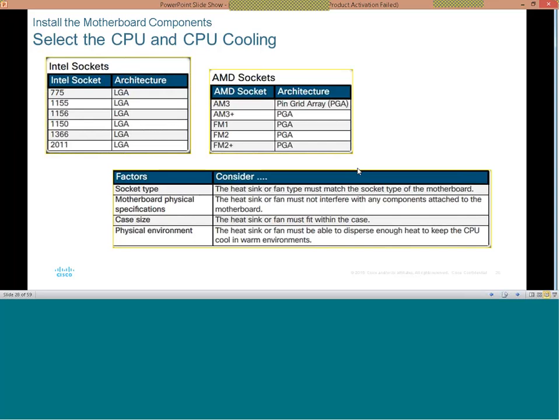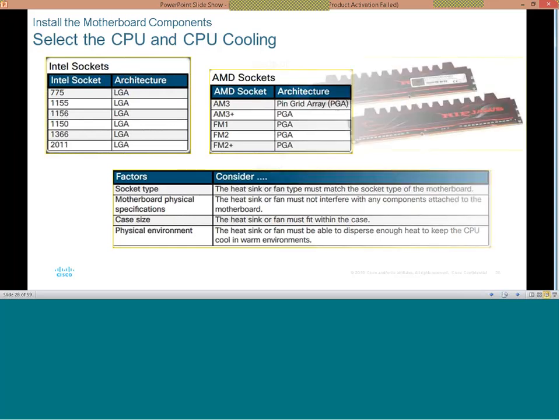And so here it's been specified such that when it's an AMD socket, you must match it to the right AMD processor. And so also the cooling fan. So you can see the socket type, and the heat sink or fan type must match. So invariably, all these factors have to be certified for you to be able to have an effective system assembly.